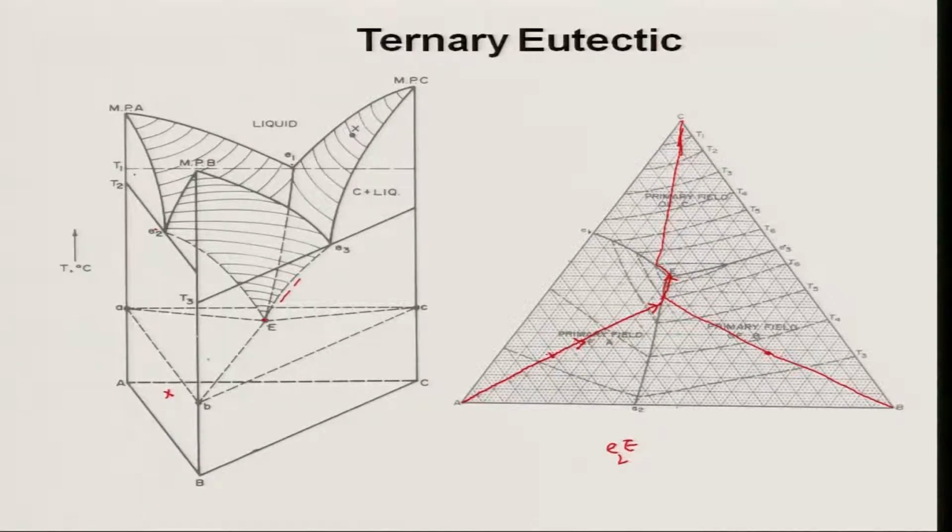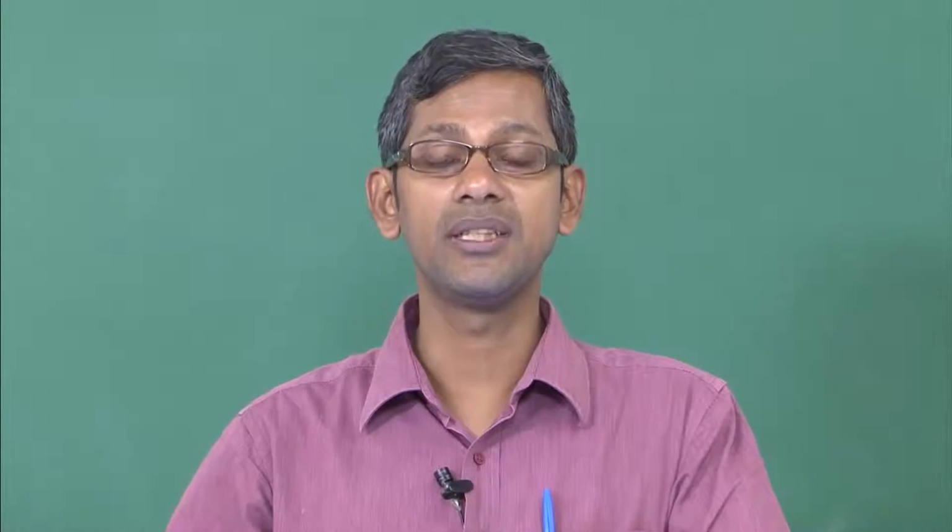Alloys whose compositions fall on the primary phase fields of A, B or C will start crystallizing the component in whose phase field they sit, and then finally lead to formation of the binary A plus B or B plus C or C plus A eutectic, and at the end you will have the ternary eutectic A plus B plus C. This is category number 2.